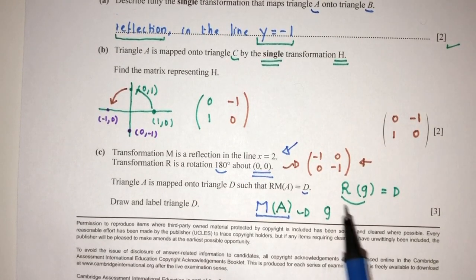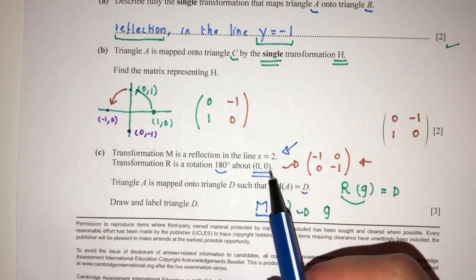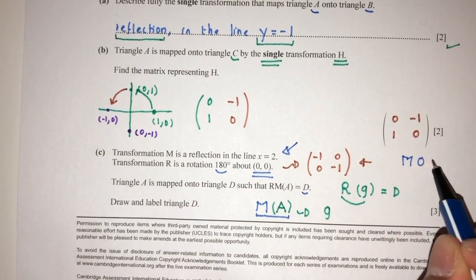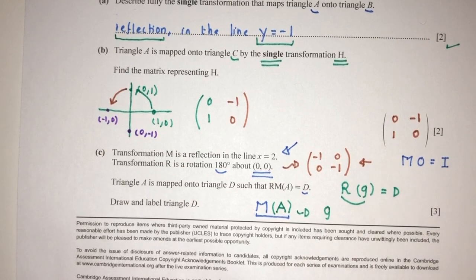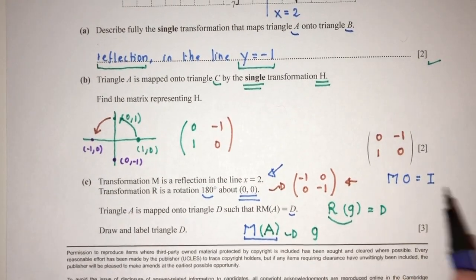Now, this one is a rotation 180 about O. Since it is already about O, we can use the matrix times object is equal to image if you want to. That can definitely confirm the answer for you. You can be confident after doing this kind of matrix multiplication. So let's try this first.